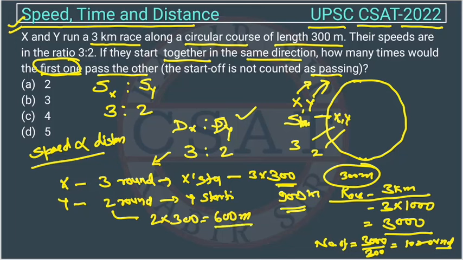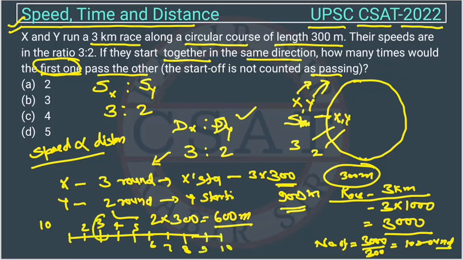Total they have to take 10 rounds and every third round they are meeting. Suppose this is the first round, second round, third round, fourth, fifth, sixth, seventh, eighth, ninth, tenth. This is 10 rounds. So they are meeting at the third round and again they will meet at the 6th round and again at the 9th round.